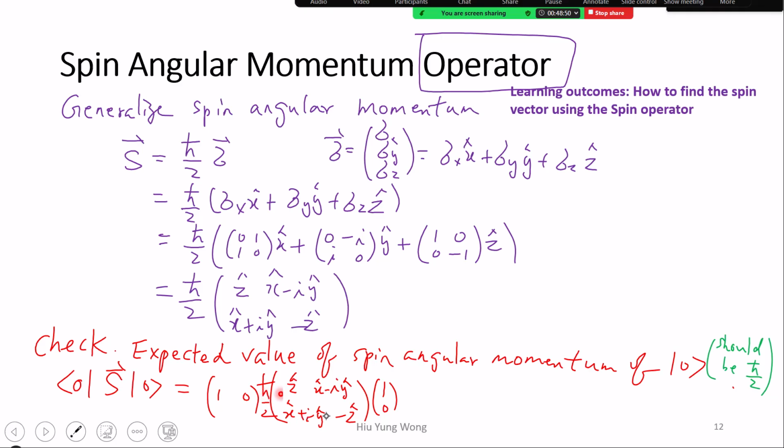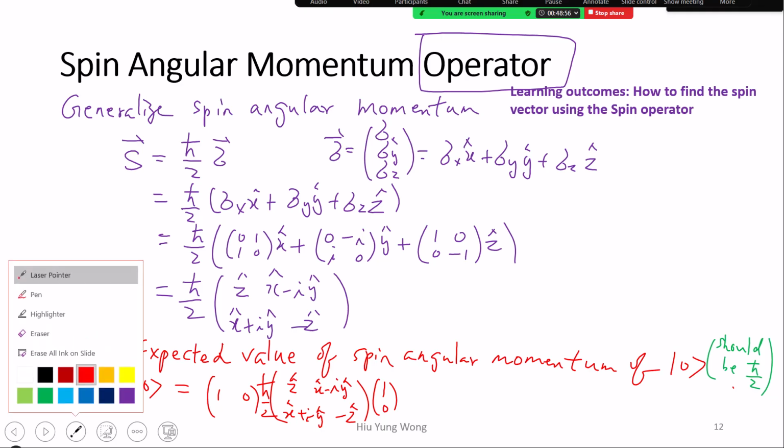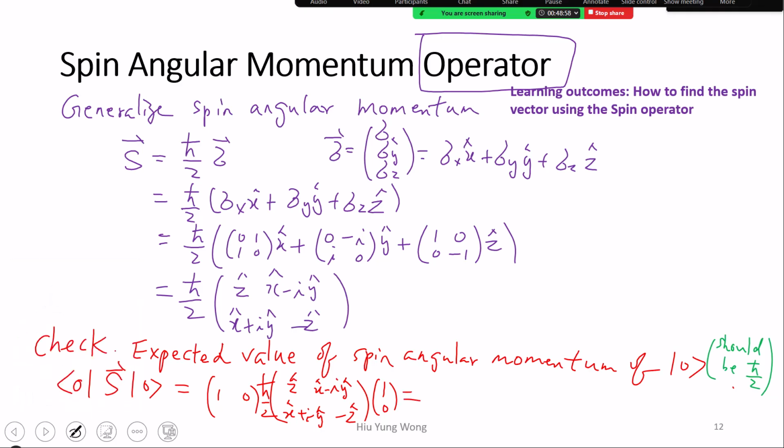And then you further use this to multiply, you only have the top one that has effect. Maybe I write it one more time just to make it clear. This equals h bar over 2, 1, 0, and then you get z hat, x hat plus i y hat.